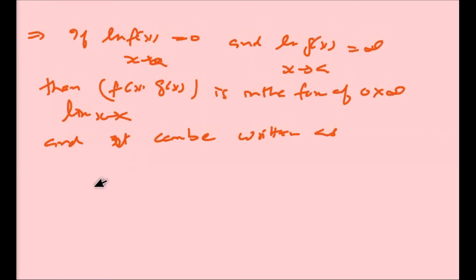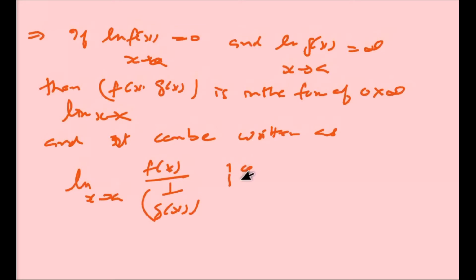So this can be written as limit x tends towards a f(x) upon 1 upon g(x). So it is in the form of 0 upon 0. Or you can write it limit x tends towards a g(x) upon 1 upon f(x).